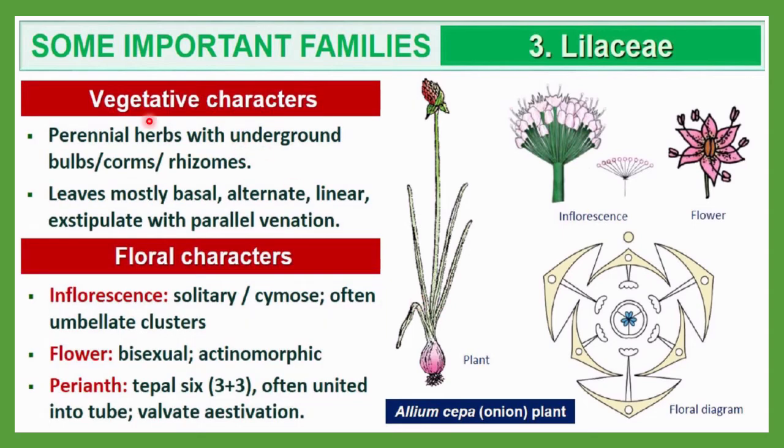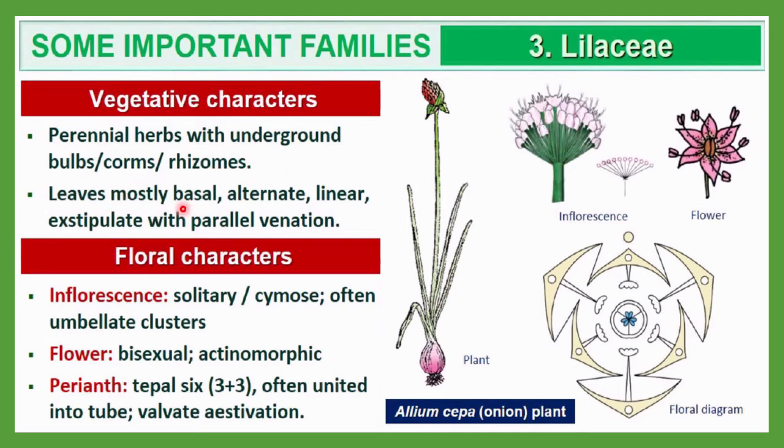Let me discuss the vegetative characters first. It is a perennial herb, with underground bulbs in some of these plants, like onion, also called Allium cepa, the scientific name for onion. This underground structure is called bulbs, corms and rhizomes.